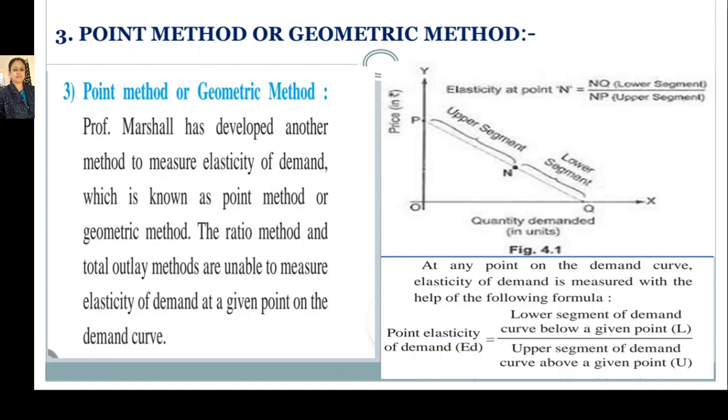So elasticity at point N equals NQ by NP, and this is the value of elasticity of demand. So the point method is different from the total outlay method and the proportionate method, because here, without any numerical value, we have to find out the elasticity at a certain point on the demand curve.